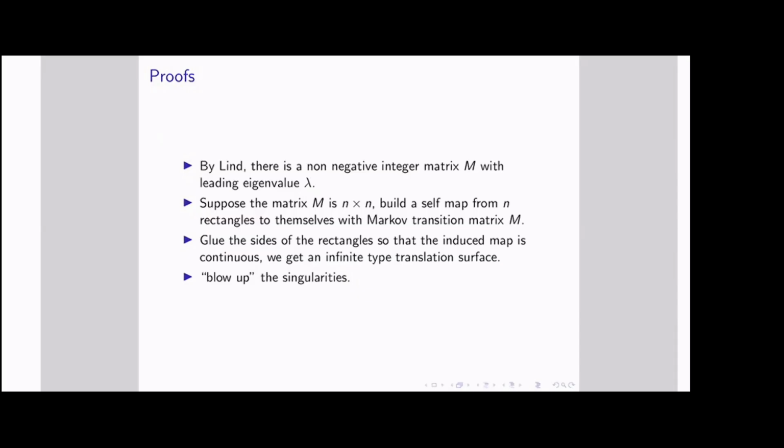On the other hand, we can just do gluings at the boundaries, at the horizontal and vertical boundaries of these n rectangles, until this becomes a well-defined map, and also until it becomes continuous. So this is actually going to be a map from an infinite type translation surface to itself. So all the rectangles will be glued together into just a surface.